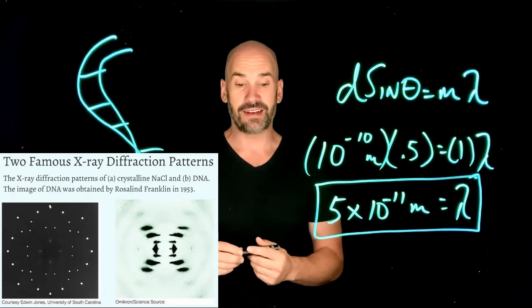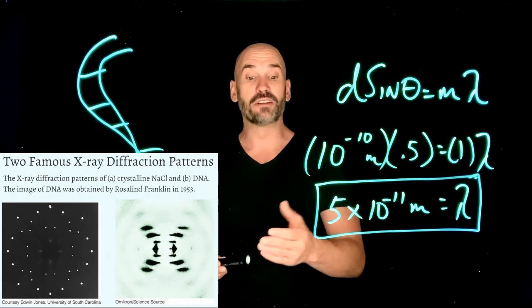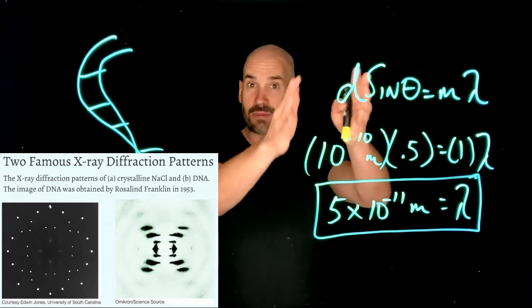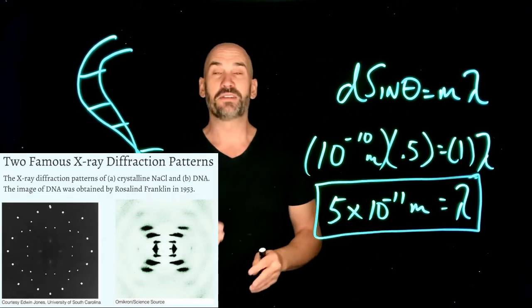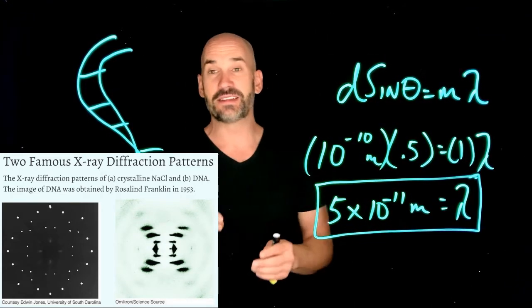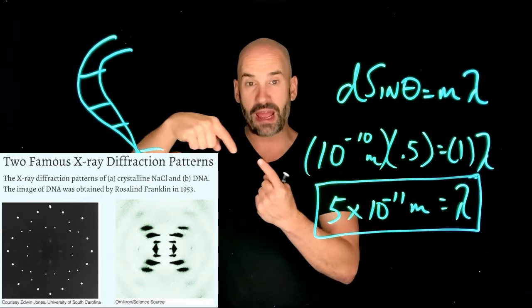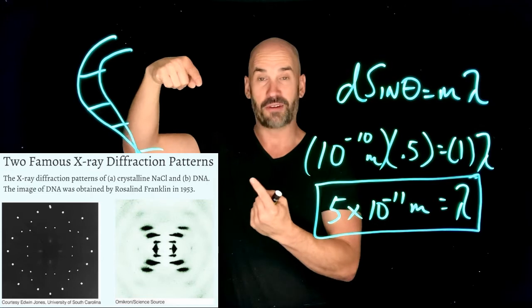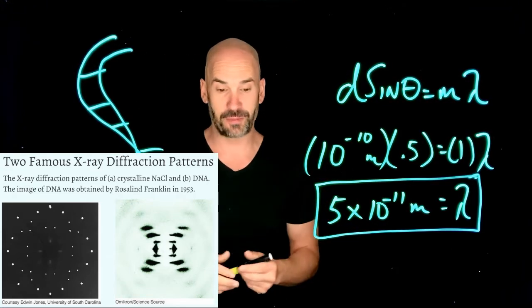And she then had to look at these X-ray diffraction pictures and use the mathematics that we've done here to say the only way this works is if you have two separate strands of molecules wrapping around each other in a double helix form.